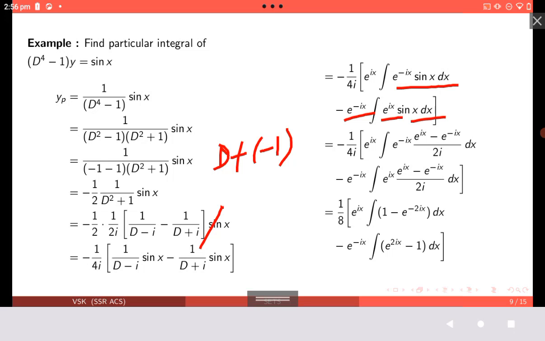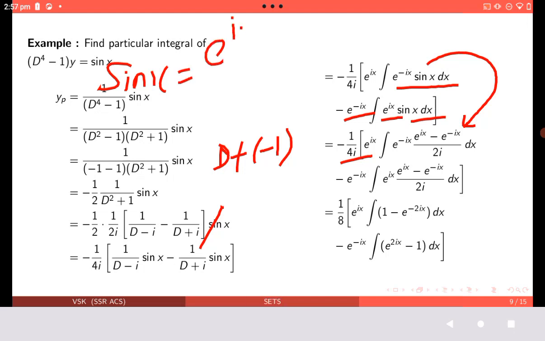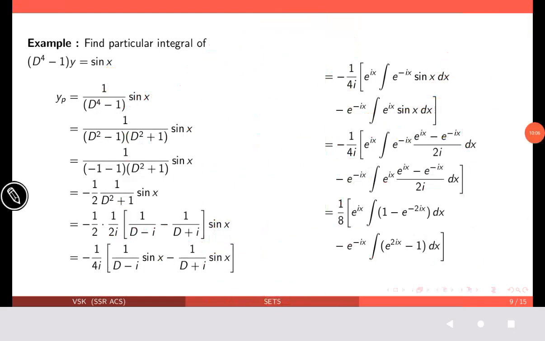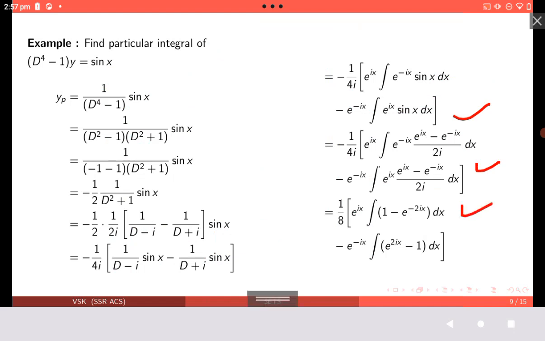Simply this expression will become this expression, and sin x we will write in this way, because sin x can be written as (e^(ix) - e^(-ix))/(2i). So using this formula, we have changed sin x into exponential form, and when we multiply inside and find the integration, that is very easy for you.